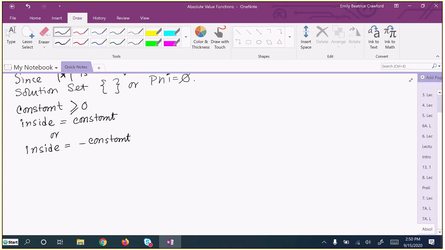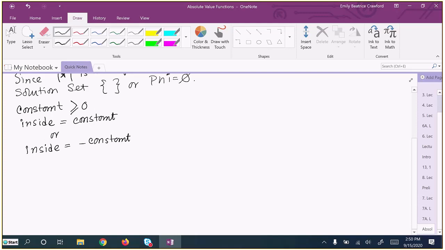Then determine whether the right hand side is a constant. If it is a constant, then determine if it is a positive constant or not. If it is a positive constant, you get a two-fold solution. You say inside of the absolute value, without the signs of absolute value, is equal to the constant value on the right hand side, or inside of the absolute value is equal to negative of the constant.